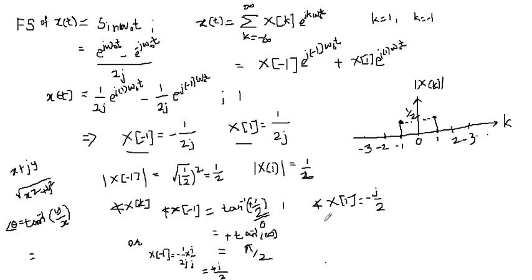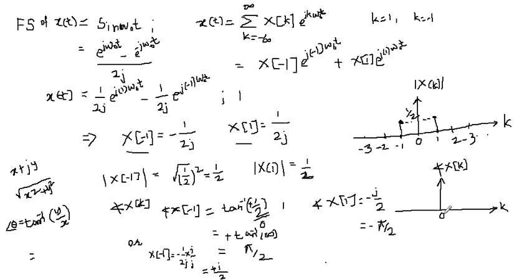And the angle corresponding to this one would be minus pi by 2, because tan of minus theta is minus tan theta. So the angular graph corresponding to this problem would be in this way. What is angle of x of k, and it has to be drawn with respect to k as the axis.